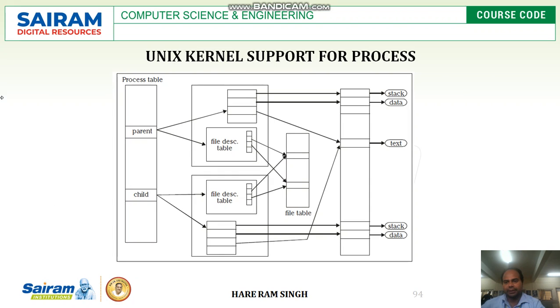You can see that here in the process table, this is a parent process and here a child process. The parent process has created a child process. Now once the child process gets created, the parent process and child process both start execution.